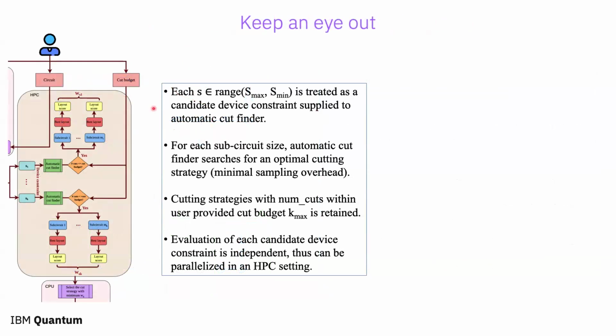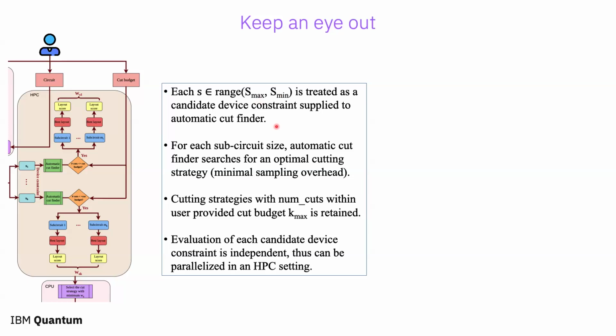So what we do here, we take the cut budget from the user. The user needs to provide the cut budget because that's the number of circuits the user can afford to run on the quantum system. So for each S, that's the device constraint, in the range S min to S max, we take each S and put it as a device constraint to the automatic cut finder.